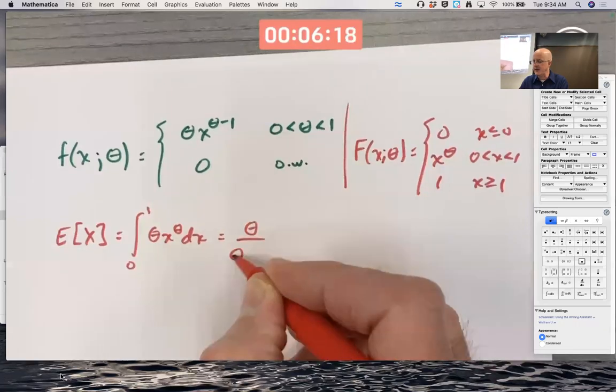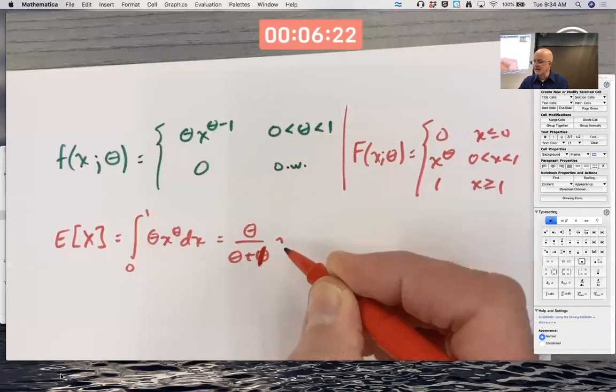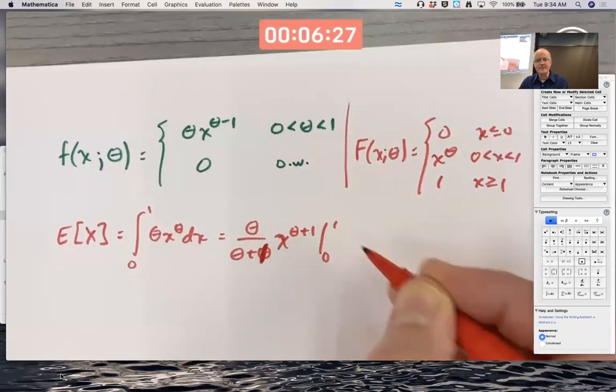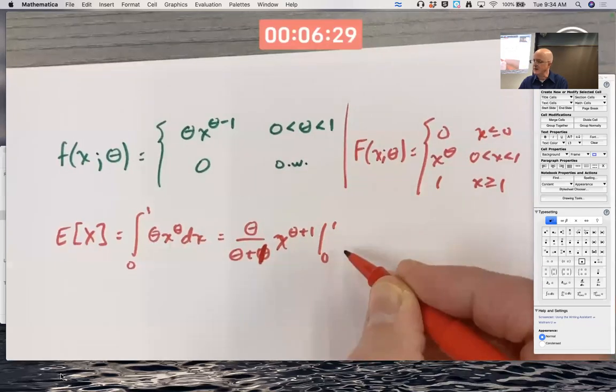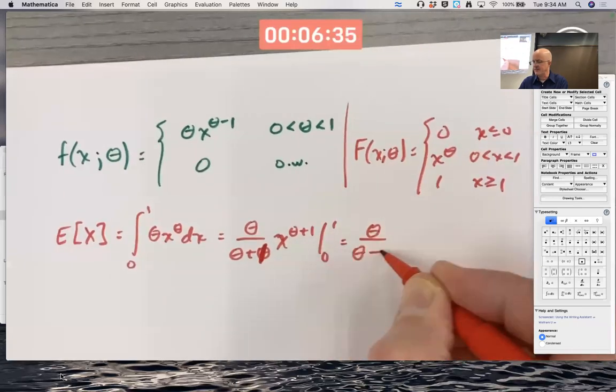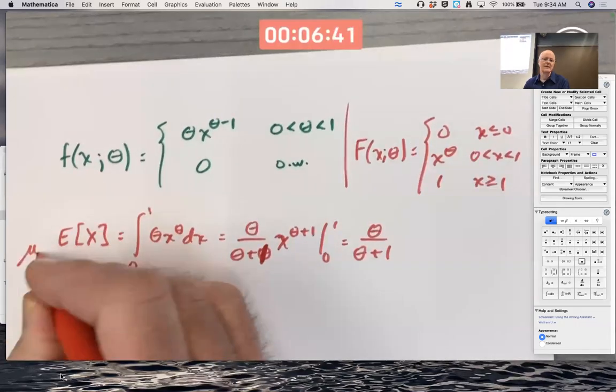You're going to get theta over theta plus 1, x to the theta plus 1, evaluated from 0 to 1. 1 to the theta plus 1 is 1. 0 to the theta plus 1 is 0. This is going to give theta over theta plus 1. That's the expected value of x in this context. You could call it mu if you like.